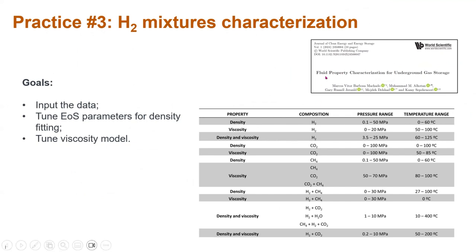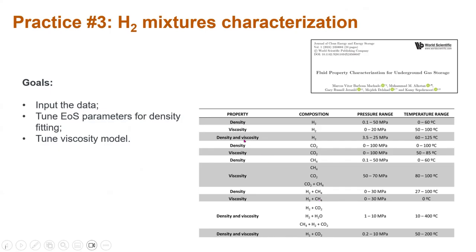During this work, there is a broad composition, including pure hydrogen, pure CO2, pure methane, and mixtures. Most of them are binary mixtures. You have density data and viscosity data.